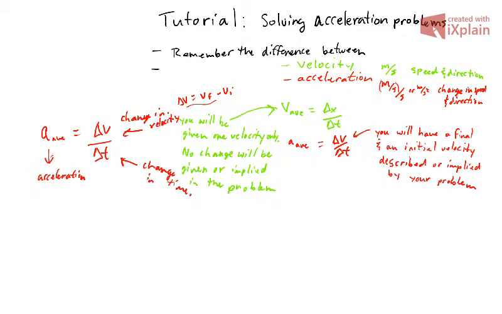So basically, when you're working with this acceleration equation, there are three possibilities. Possibility one, the question gives delta t and delta v.